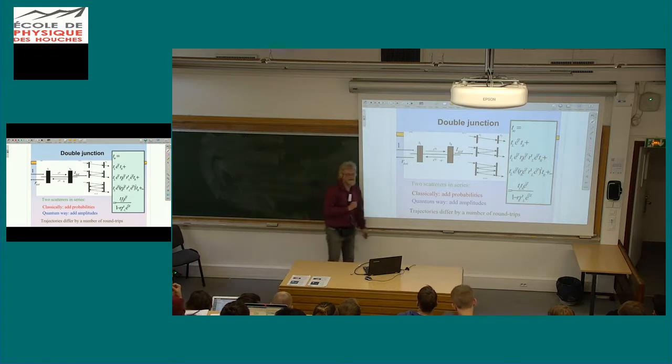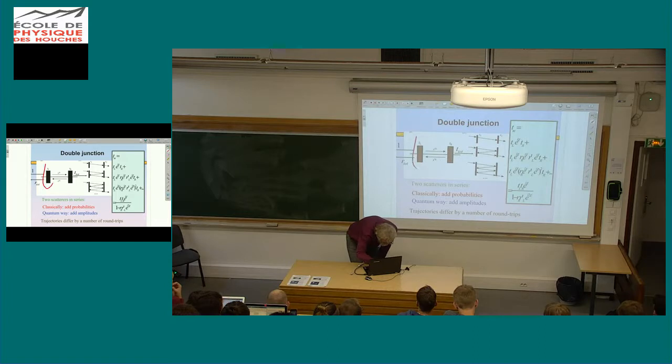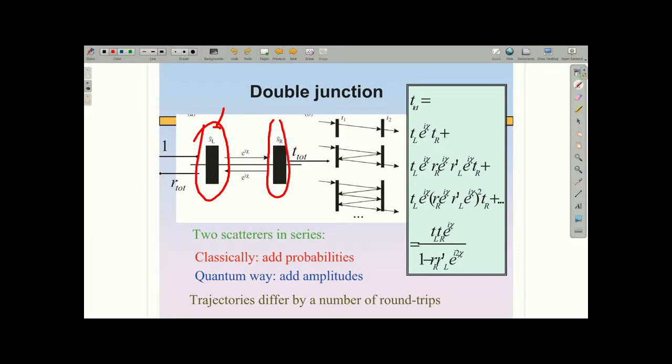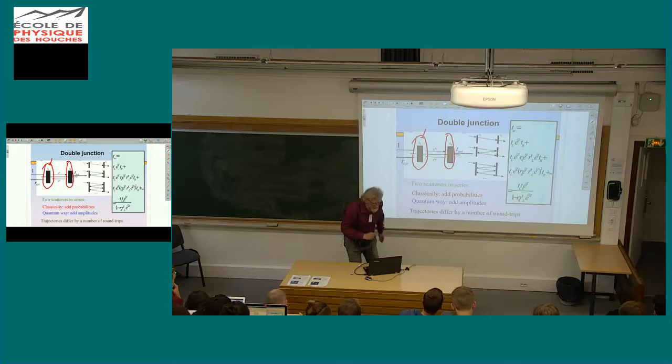All right, let us look at the setup. We have one junction with scattering matrix left, another junction with scattering matrix right.